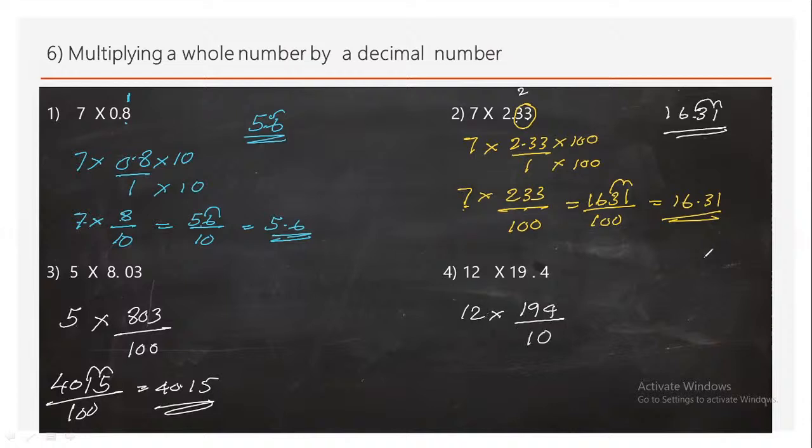Now 12 into 194. 12 times 194, what is the answer? 4 times 2, 8. 2 times 9, 18, 1 remaining. 2 times 1, 2 and 1, 3. 4 times 9, 36. 1 remaining. 4 and 9, 13, 1 remaining, 2. Then what is the answer? 23,000, sorry, 2,328.